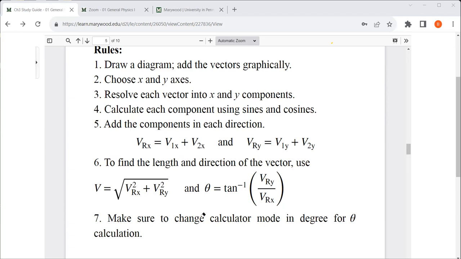Whenever you solve a problem using the analytical method, the first thing to do is draw the vectors and add them to understand graphically how they add. Then we use the analytical method to add them together.